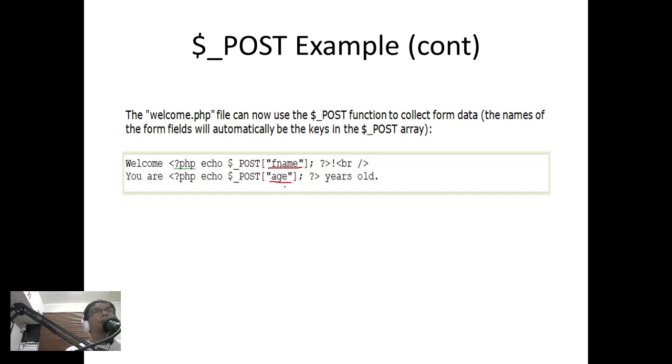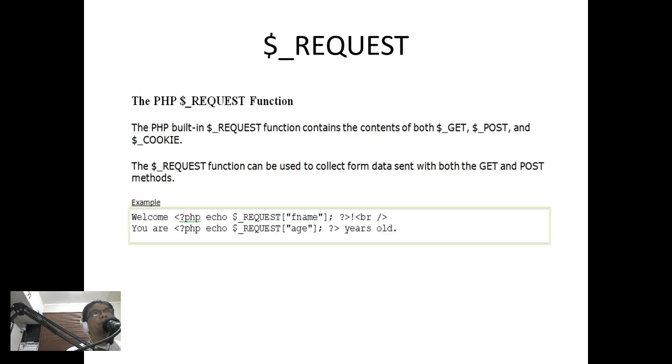It's similar to get, except that when you use get, the data will become part of the URL and will be displayed in the address bar. But for post, the data will not be displayed, so it's invisible to the user. We also have $_REQUEST. $_REQUEST is similar to get and post, but we don't have method equals request.